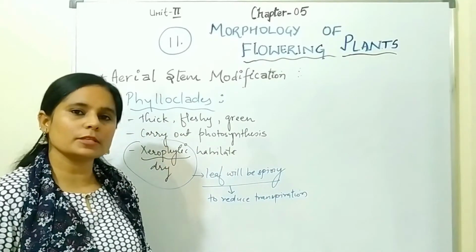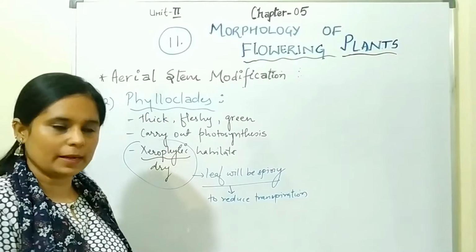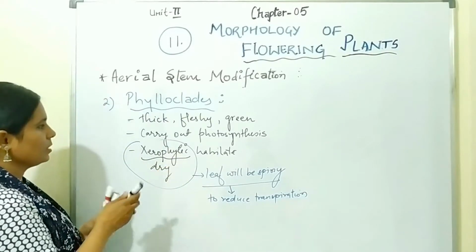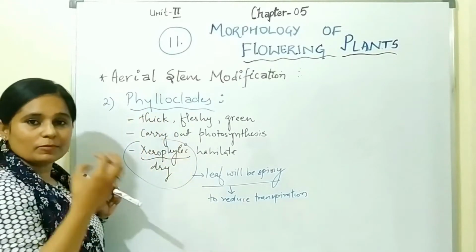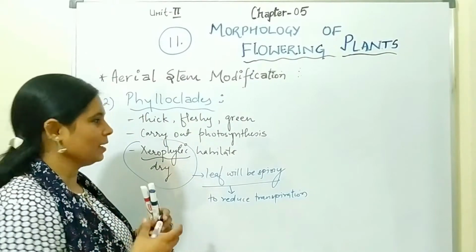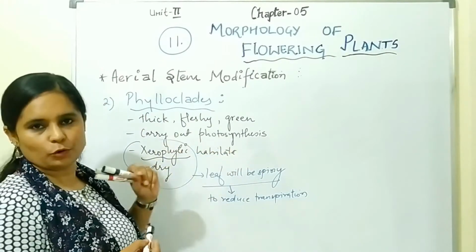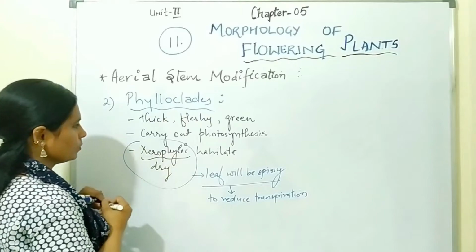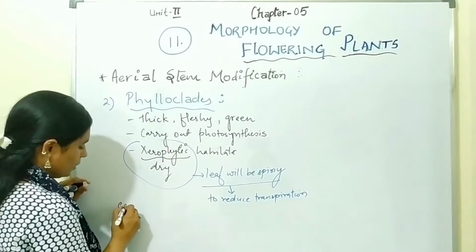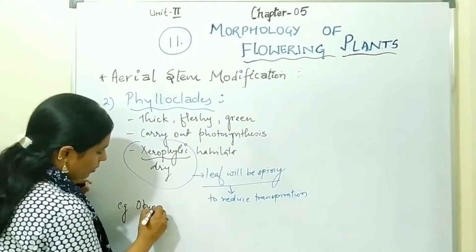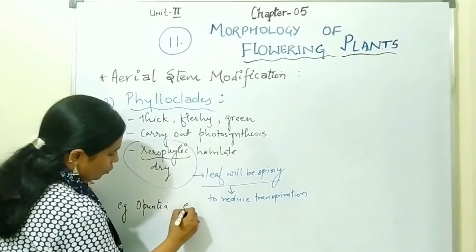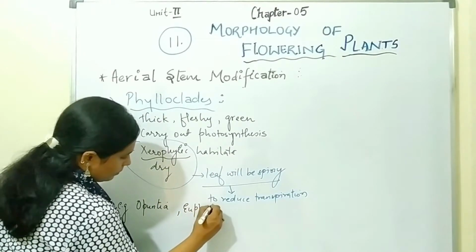But what about photosynthesis? How will photosynthesis be conducted? In that case, the stem becomes thick, fleshy, green to conduct photosynthesis. You will see this in the case of Opuntia and Euphorbia.